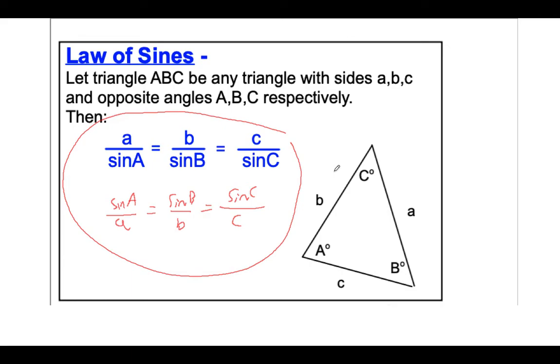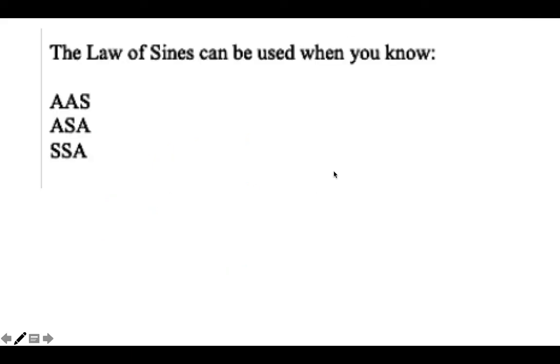Now there are a couple of cases that we're going to talk about today. The law of sines you can use when you know angle, angle, side, or angle, side, angle, or side, side, angle. Now if you recall from geometry, side, side, angle can spell the naughty word, and so there are issues with that.